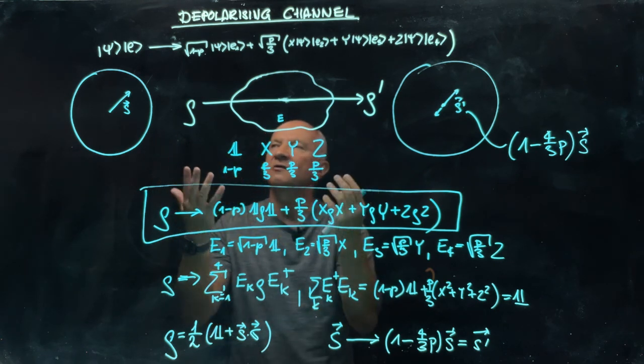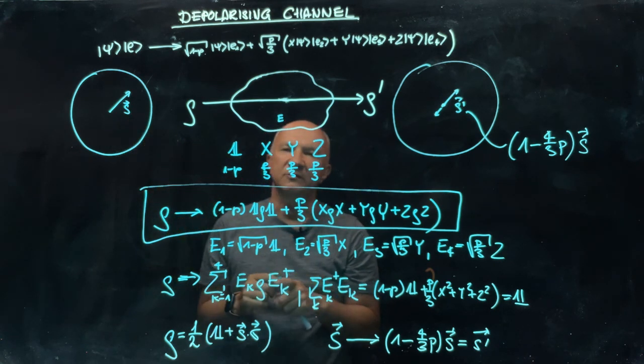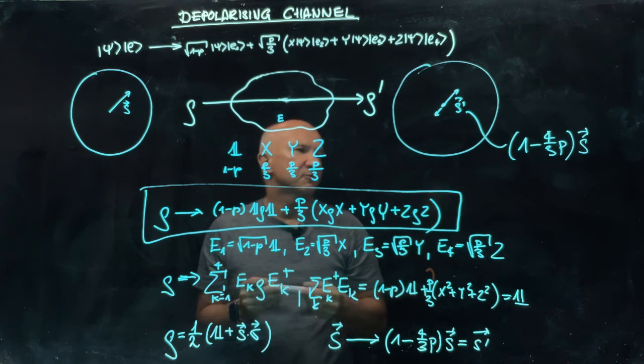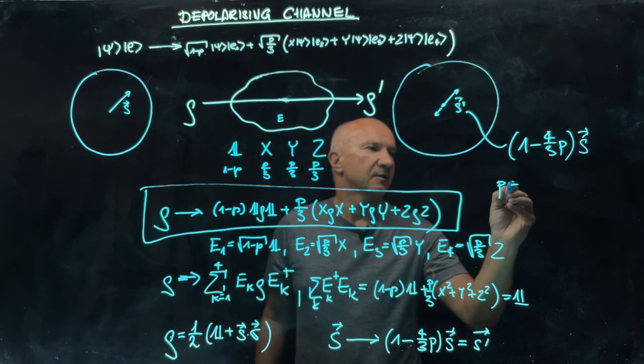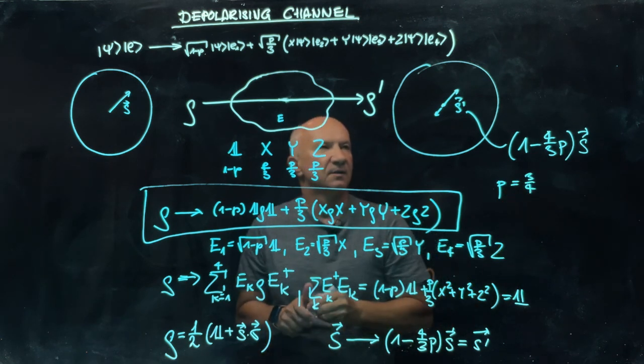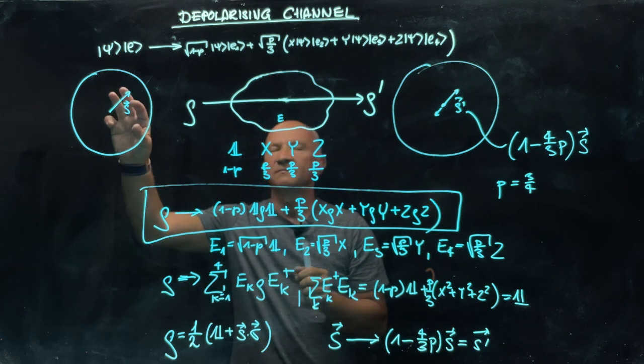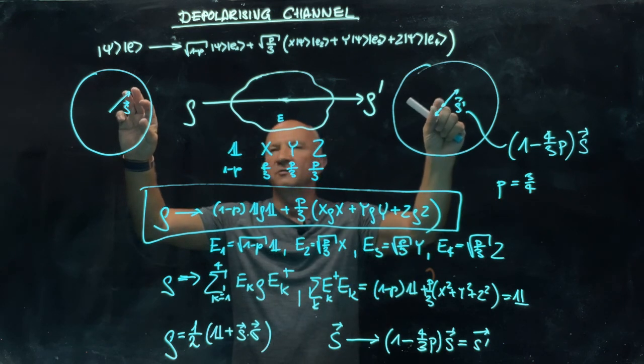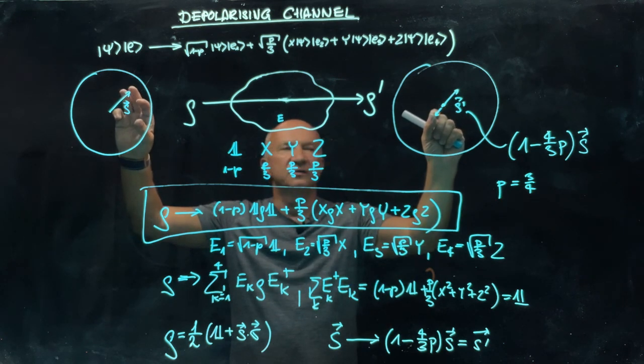So you lose all information about the original state for this critical value of p equal to 3/4. At this point, whatever you had at your input becomes a totally mixed state. So you just deflate the Bloch sphere into a point.